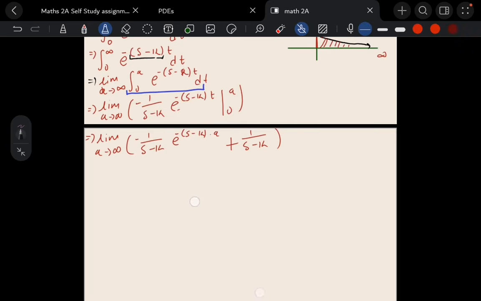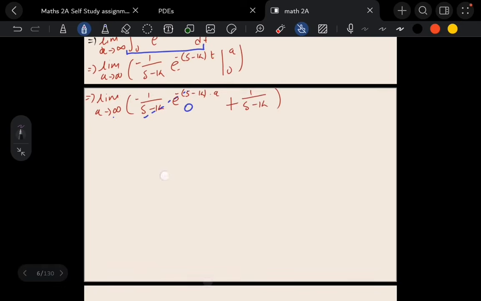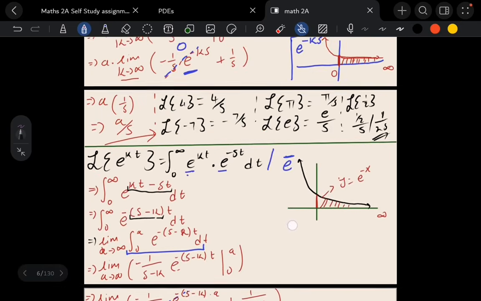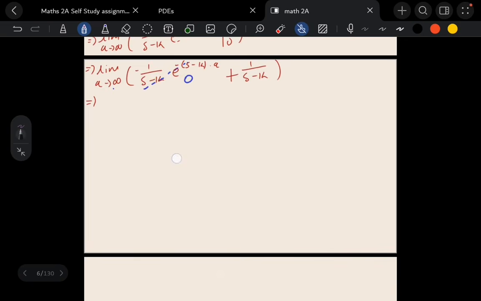Again, when you substitute infinity into e that has a negative exponent, this entire term will become 0. So your final answer is 1 over s minus k.